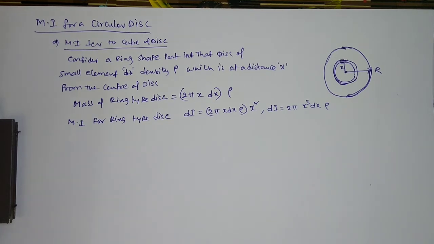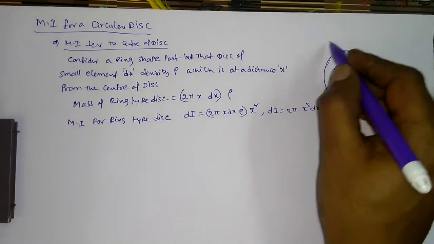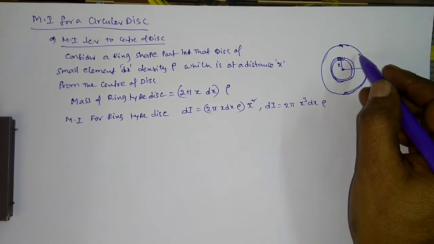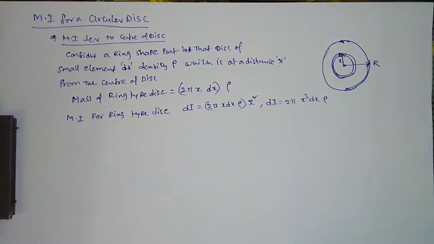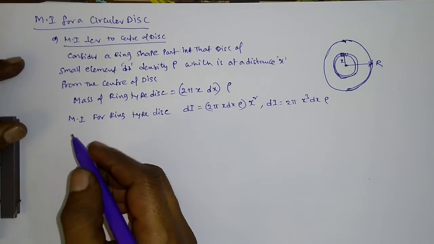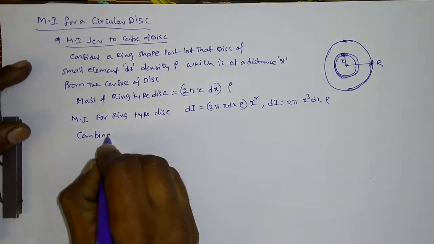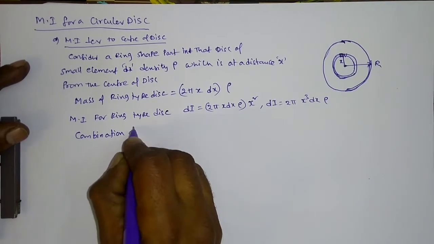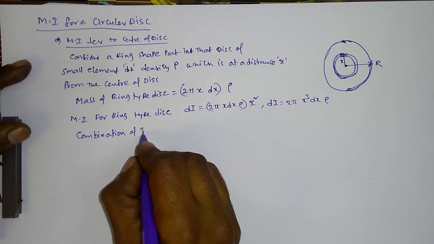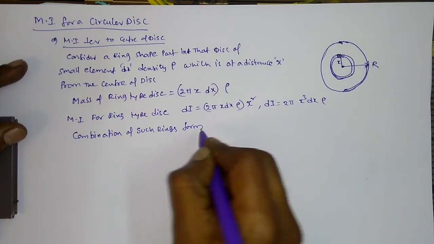That means you have to find the total moment of inertia for the disk. The combination of such rings will be considered as the total, forming a disk.